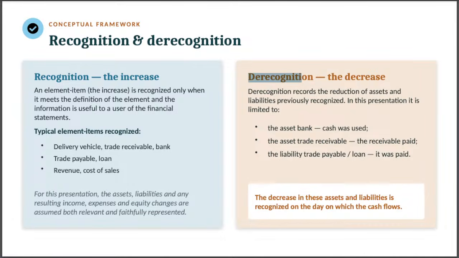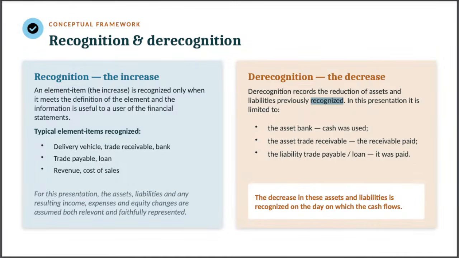And then we also have derecognition. This is the decrease. Think about this. These words seem to mean other things, and this is really the essence of accounting and bookkeeping. Here are the terms: recognition, the increase; derecognition, the decrease. Derecognition records the reduction of assets and liabilities previously recognized.